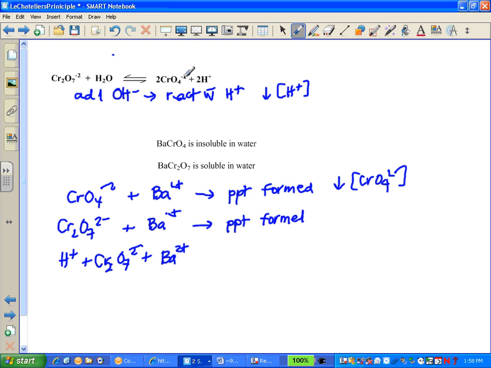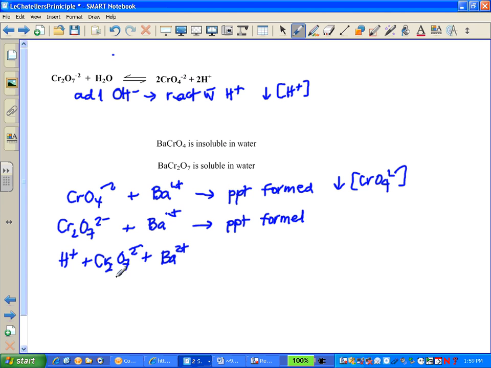The chromate is present and available to react with the barium, so you get more precipitate. So it's almost like a chain reaction. Okay, as the equilibrium shifts, it precipitates, and it keeps shifting and keeps precipitating. So at first, although you may not have seen too much precipitate, if you leave it for long enough, it will reach a new equilibrium where there's quite a bit of precipitate formed.